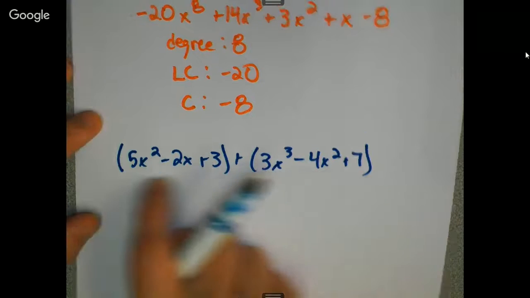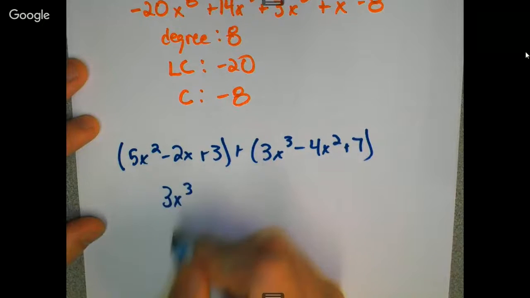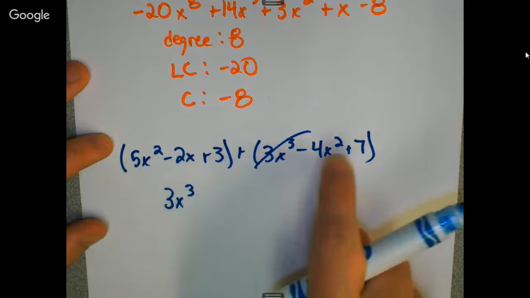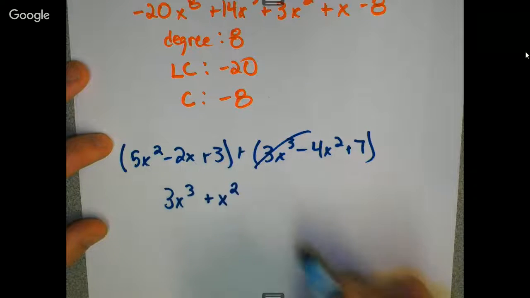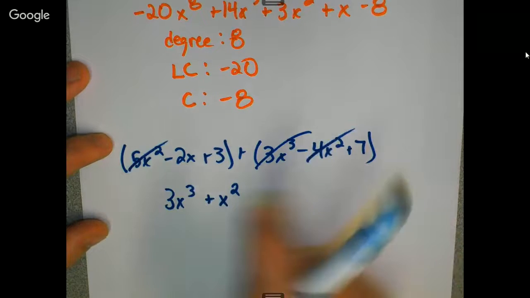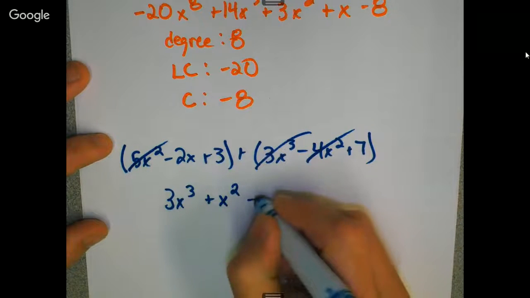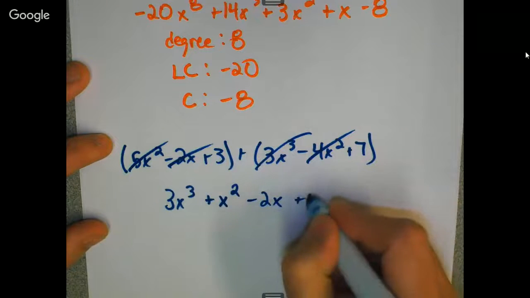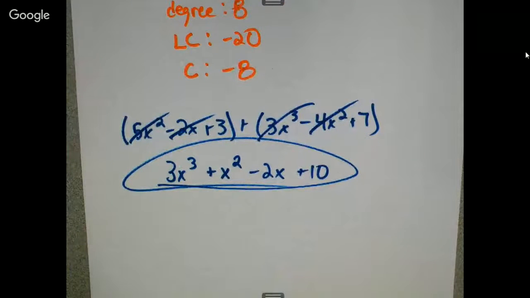Do I have anything else to add to x to the third? The answer is no. That one goes away. We have 5x squared plus negative 4x squared, which would be a positive x squared. So I mark those out. Minus 2x, and there's no x's over there, so that one stays. We have 3 plus 7 is 10. Okay, so there's our addition with that one.